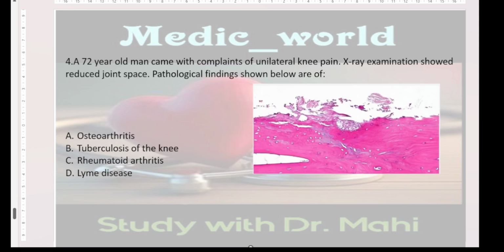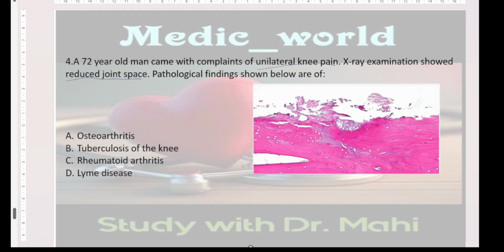Now the next question is a 72-year-old male came with the complaints of unilateral knee pain. Okay. And X-ray examination showed reduced joint space. Pathological findings are shown below. What is the diagnosis?